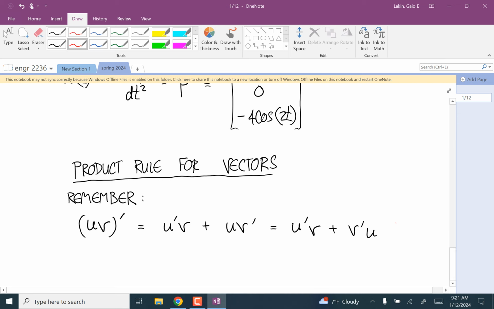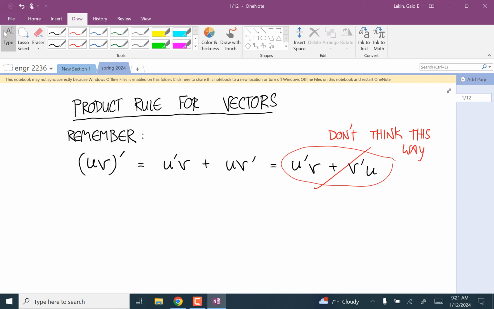But in this class, don't think of it this way, because the one on the left is basically exactly what you do for vectors, and the one on the right will mess you up for vectors. Okay?